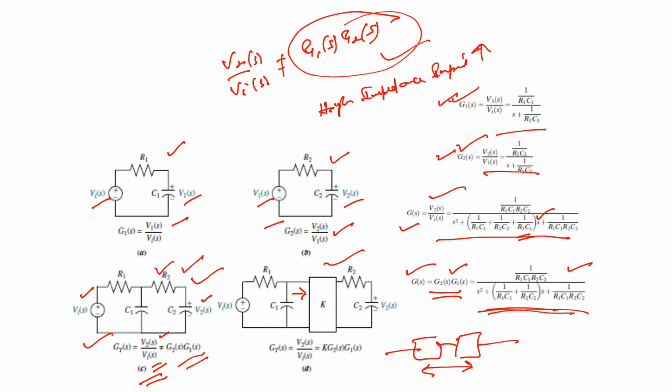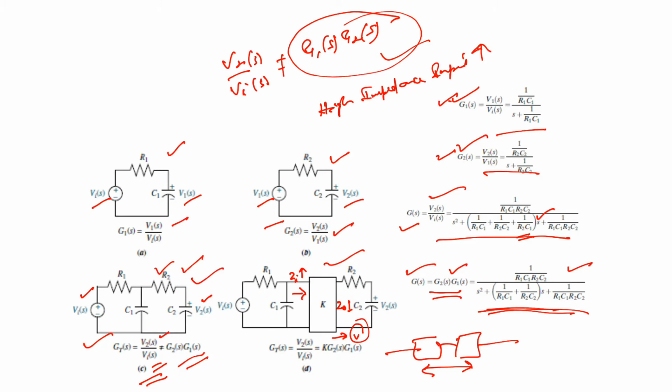At the same time, it has a low output impedance, so that it looks like a pure voltage source to the subsequent network.